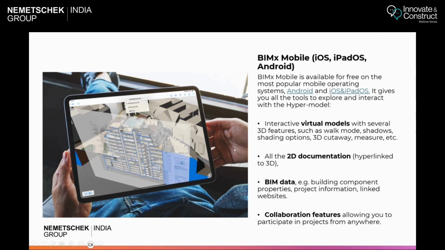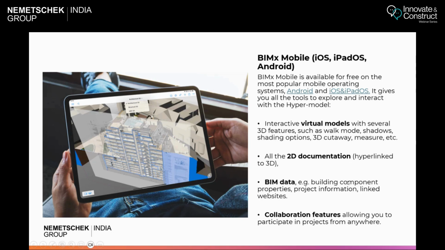On the mobile device is where we have most of the features of BIMx. We can do quick 3D cutaway, we can measure our model, we can do a walkthrough mode, we can control our shadows and shading options, and we can also hyperlink the documentation that is linked to the 3D model and the 2D documentation.